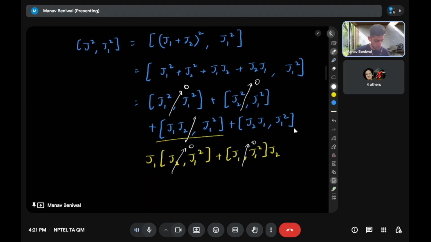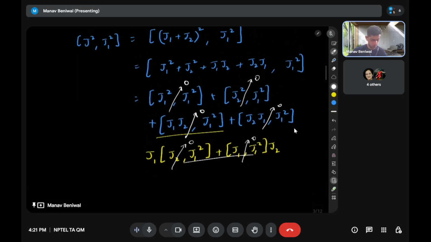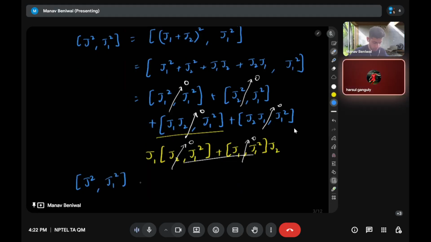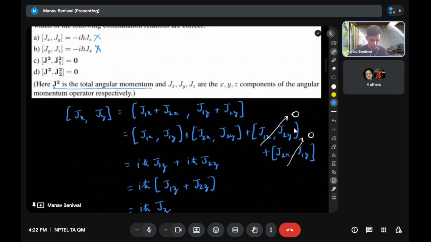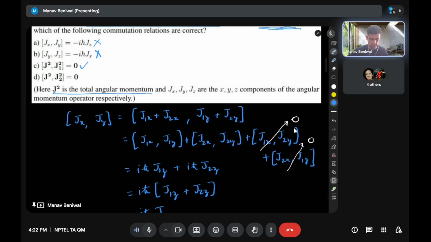So this entire term goes to 0. And similarly, this last term will also go to 0. I can again expand this in a similar fashion. So essentially all 4 terms are going to 0. So we can write j squared comma j1 squared is equal to 0. So option C is correct.